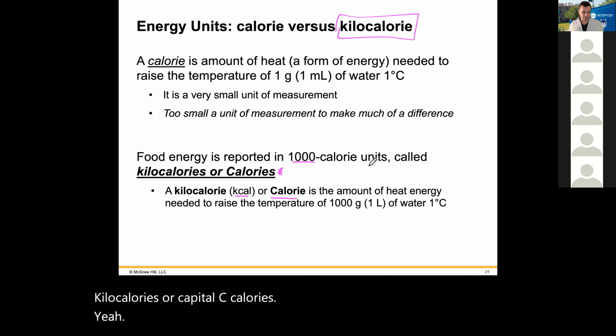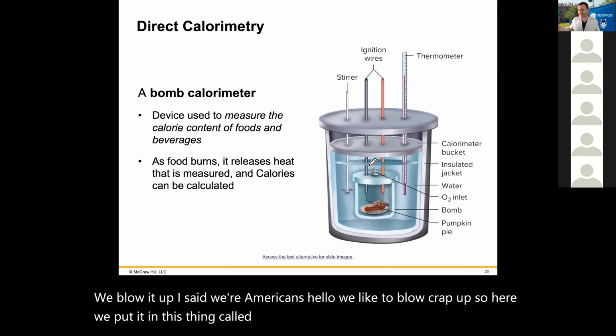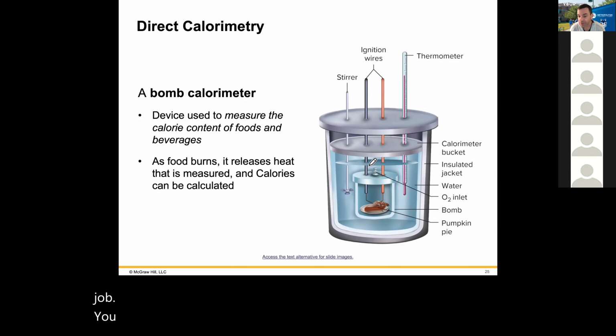How do we know that food raises the temperature of something by 1 degree? We blow it up. I said we're Americans. Hello. We like to blow crap up. So here we put it in this thing called a bomb calorimeter. Fantastic. I wish I had this job. You put food into a chamber, light it on fire until it completely disintegrates.